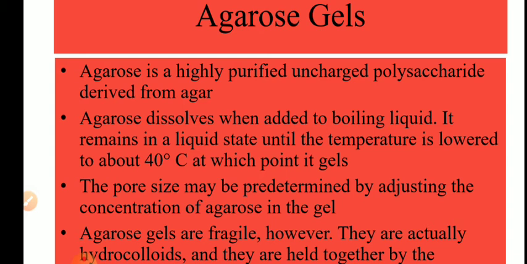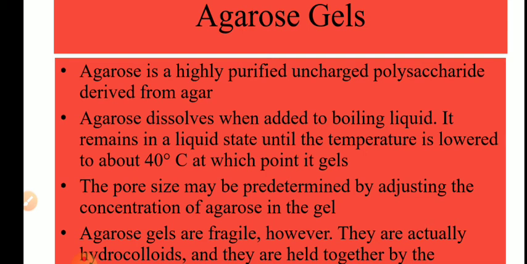When it is mixed, agarose gets precipitated, and the precipitated agarose is removed, washed, cleaned, and can be used as a support medium to prepare agarose gel used for separation of DNA or RNA or such molecules. Agarose is dissolved in a boiling liquid, like we usually prepare agarose gel in a buffer.